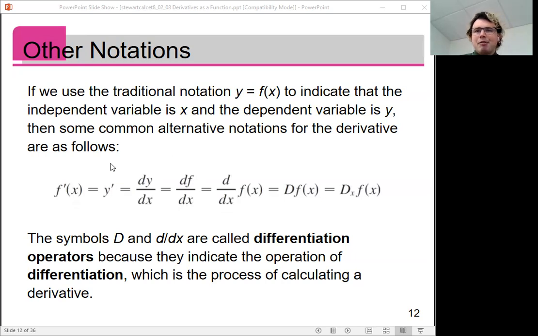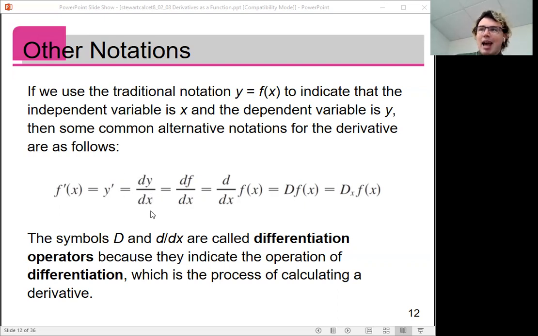Now, the next couple of these are using a new notation. The next one is dy on dx. This looks exactly like those differentials I was calculating in my lectures last week.